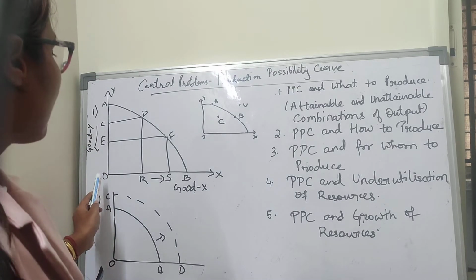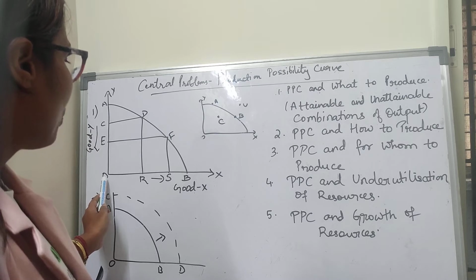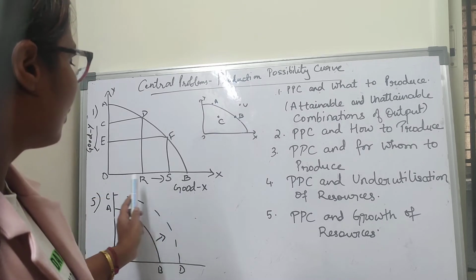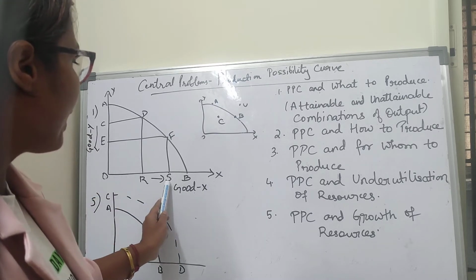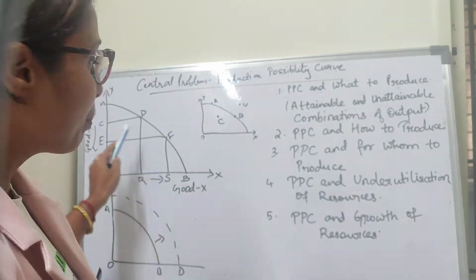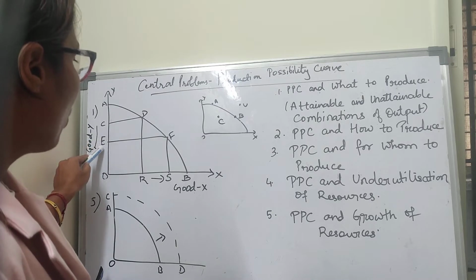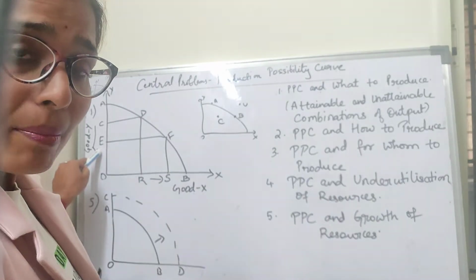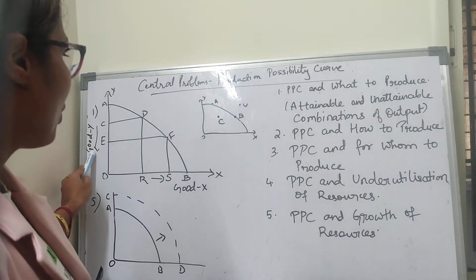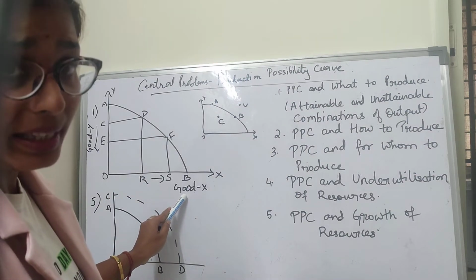Now if I want to increase the production of good X from OR to OS, then I must reduce the production of good Y, that is from OC to OE, because some resources must be shifted from good Y to good X.